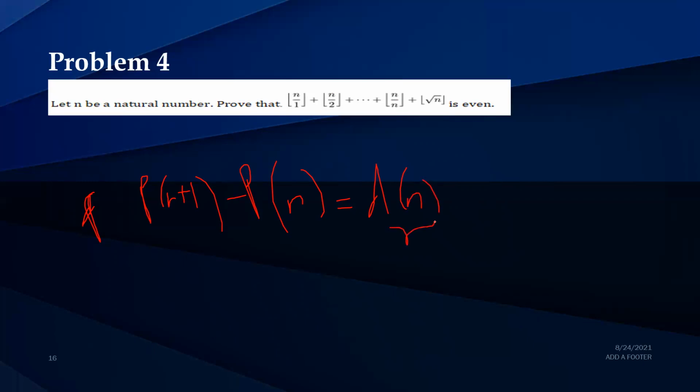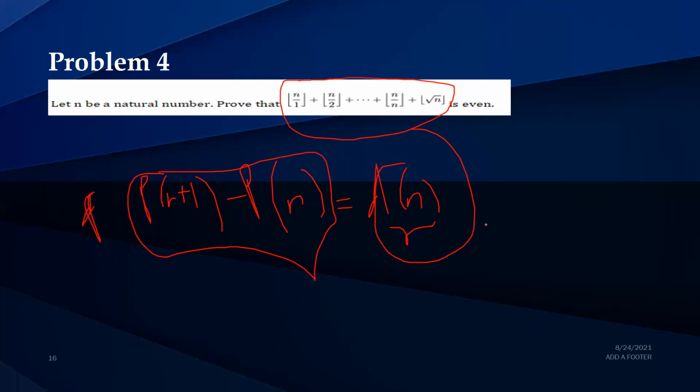And you notice that why should we not take this whole expression to be, let's say, g of n, and do the inductive step, because P of n plus 1 minus P of n is d of n, and d of n is mostly even.